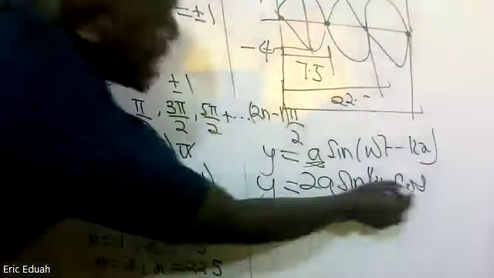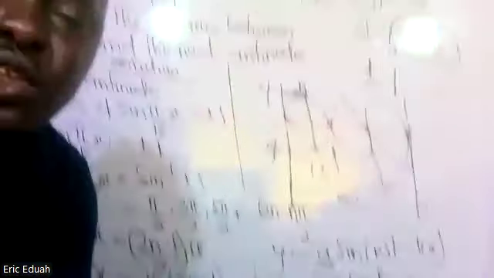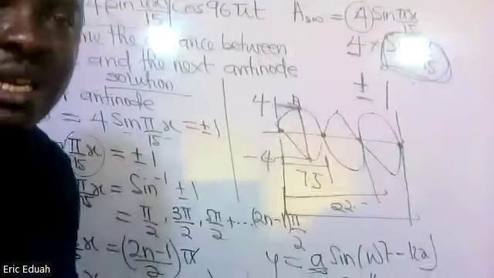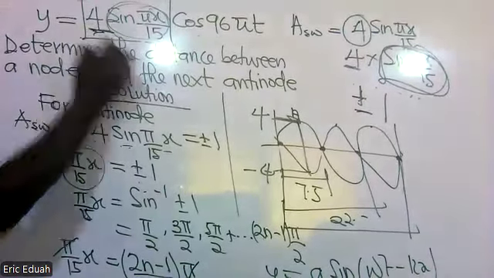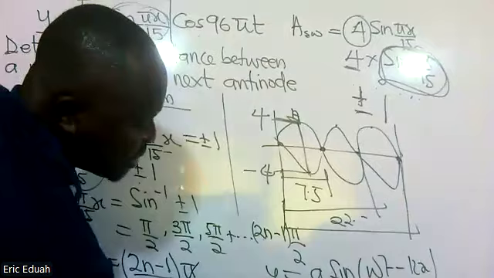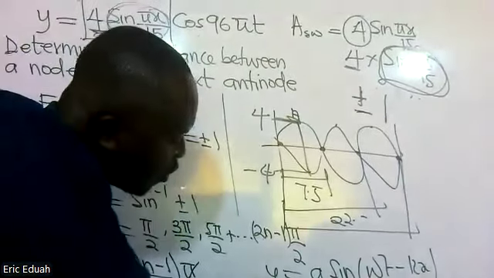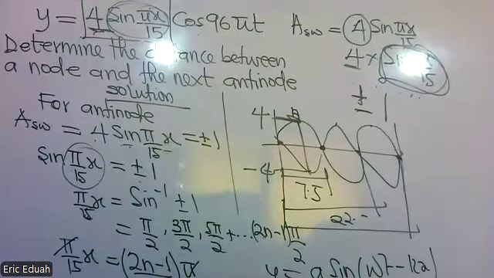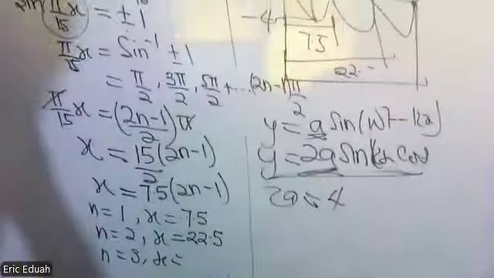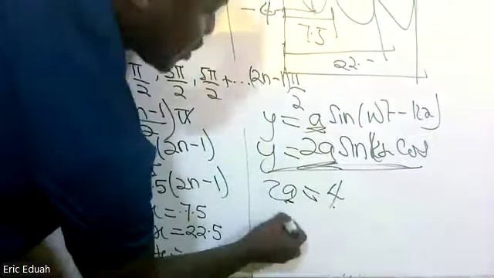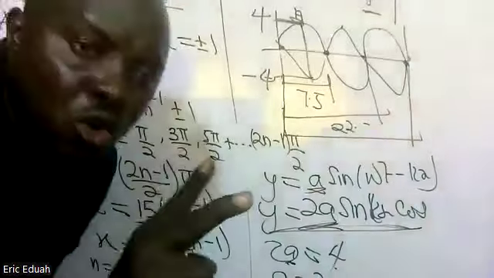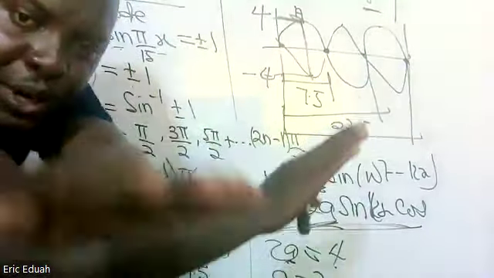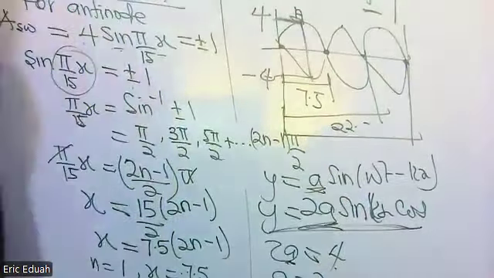So this is a general relation, but I've given you a real question. So this 2a can be equated to 4, so that a is equal to 2. If a is equal to 2, it means that the amplitude of the two progressive waves that superimpose is equal to 2.